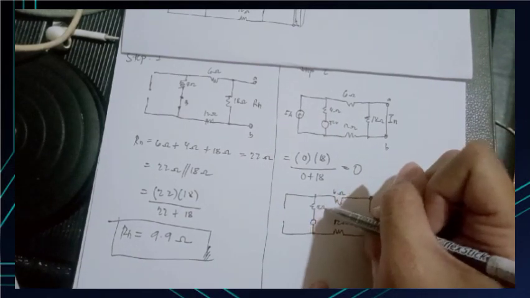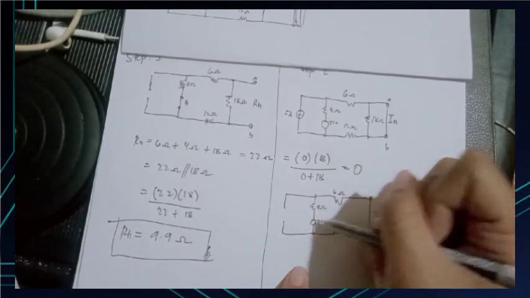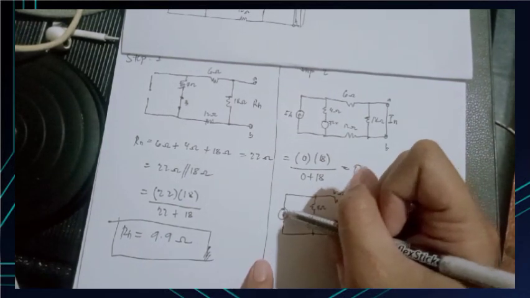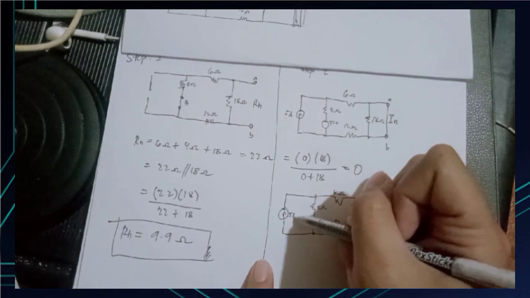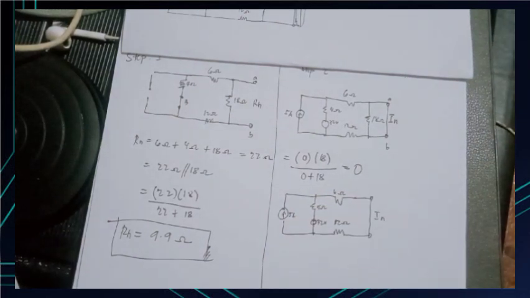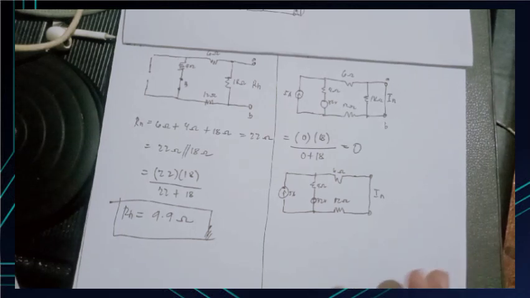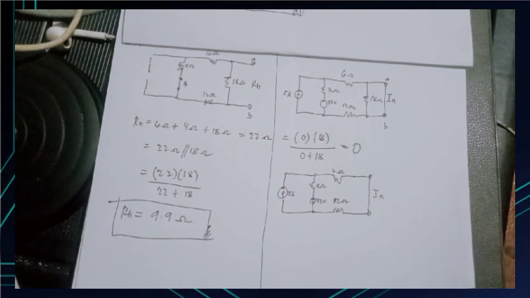Ito yung 4 ohms, ito yung 32 volts plus, minus, so ito yung 5 ampere. So, kapag ganyan na siya, mag-isip na tayo kung anong analysis technique ang ating gagamitin.